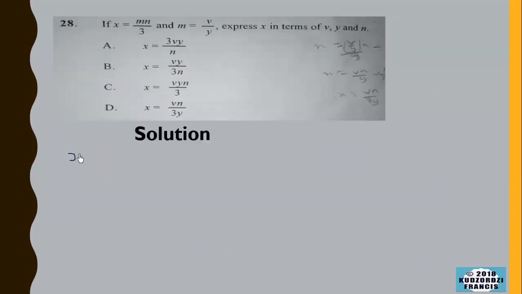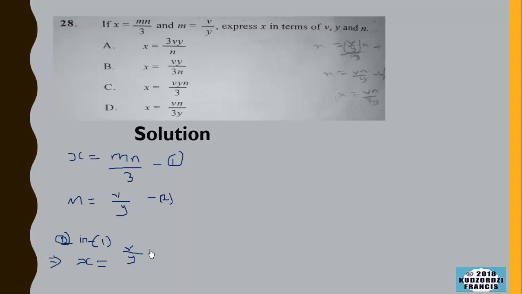So we have this. We have x equal mn over 3, equation 1. We have m equal v over y. Let's call this equation 2. So we just put equation 2 in equation 1. Then we obtain something like this: x equal v over y times n all over 3.